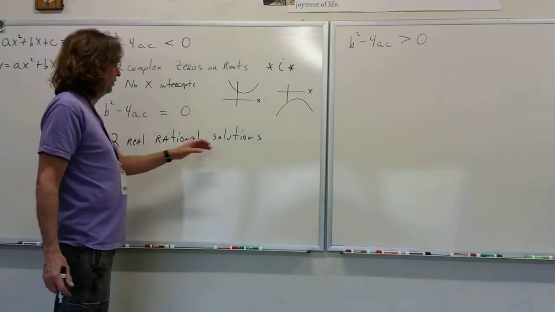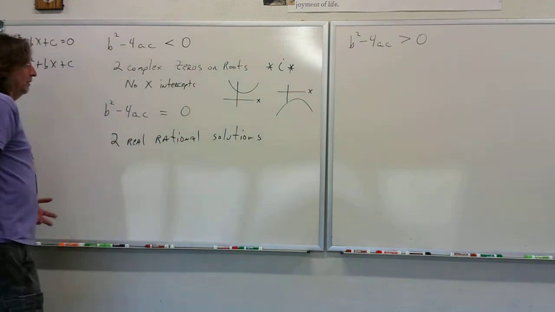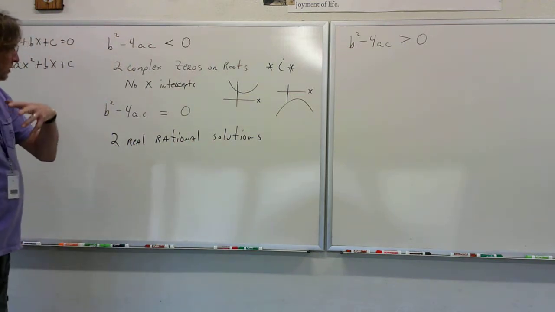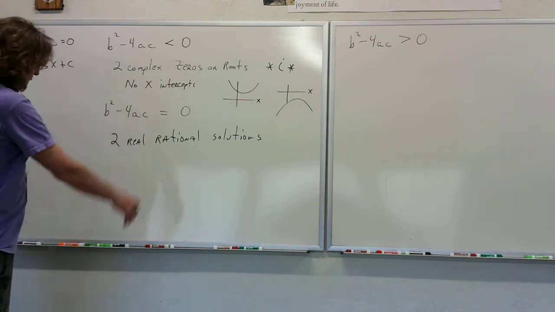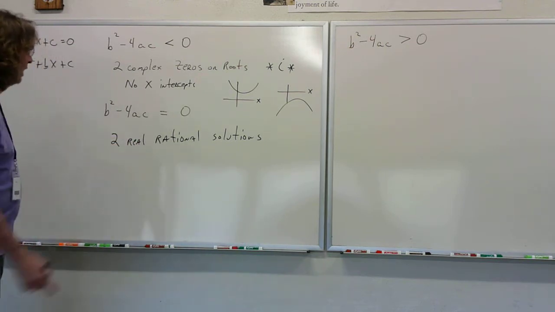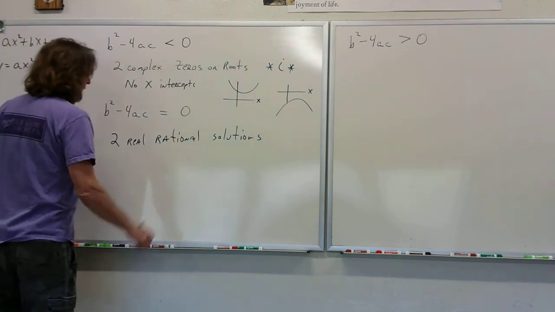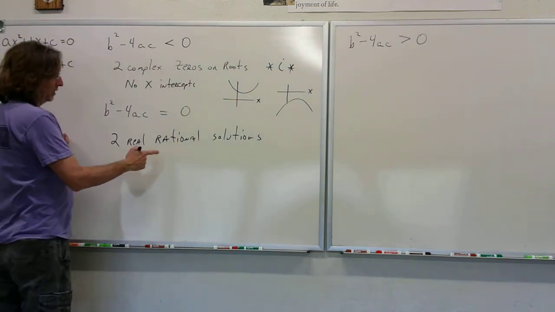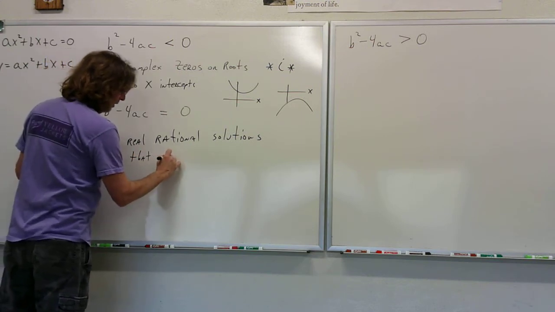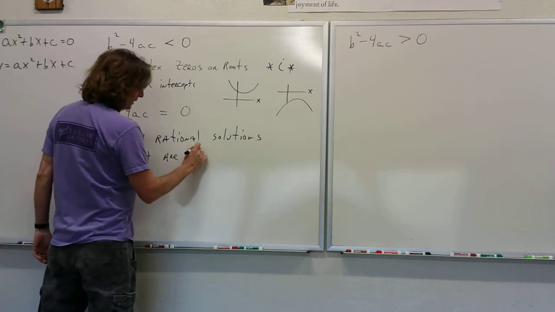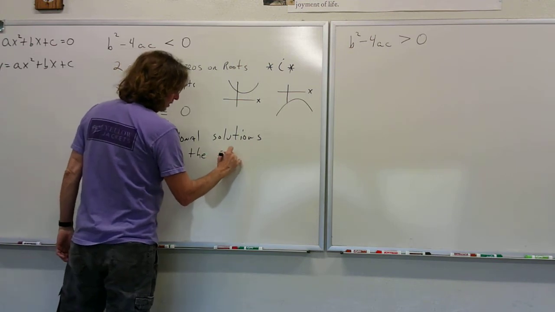But they're two real rational solutions. They don't have any square roots left. It's just two real rational solutions. The problem is, I say two real rational solutions, it's two real rational solutions that are the same, are equal.